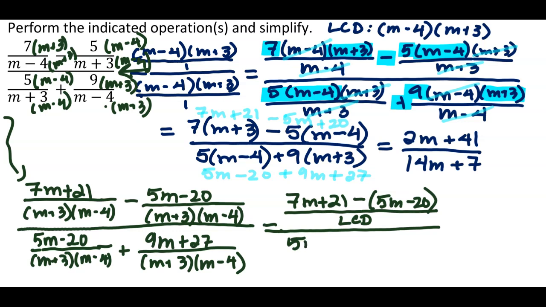On the bottom, I have 5m minus 20 plus 9m plus 27. Notice that the extra parentheses on the bottom aren't actually needed because it's addition. The top is the only place that they're important, but I thought I'd throw them in. You could even have them around these, but only where there's that subtraction attached do I actually need them.